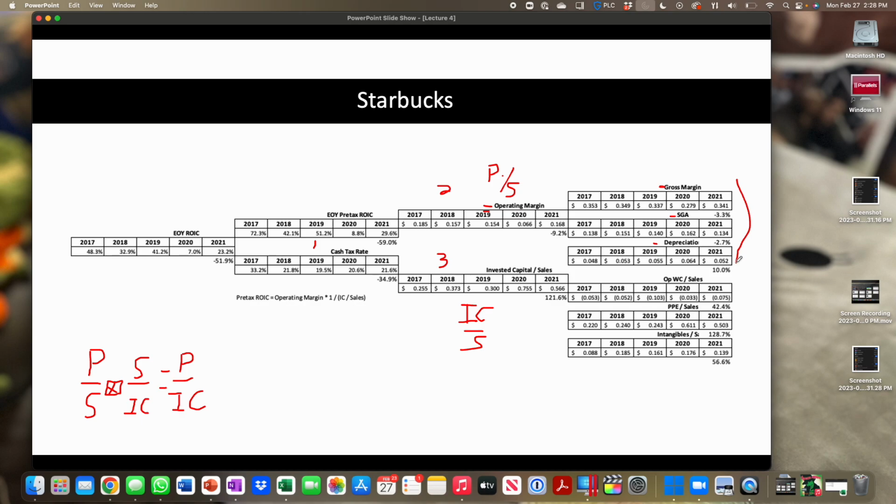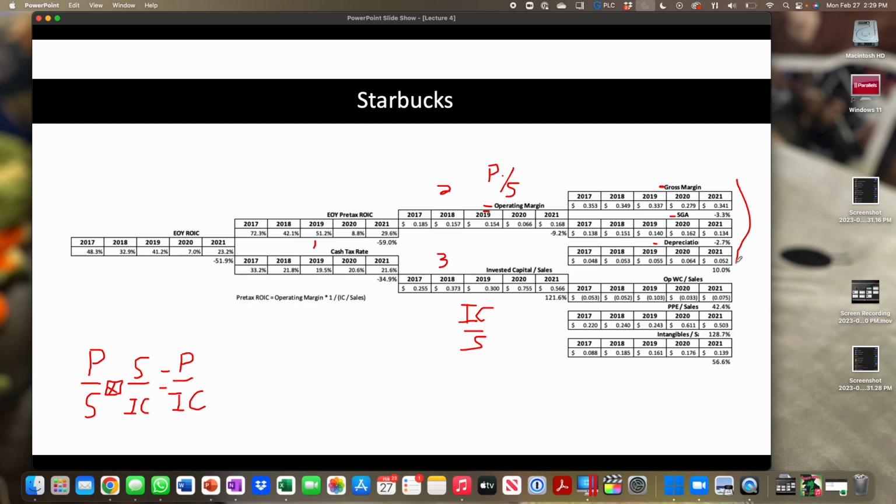So if I look at the income statement drivers, two of the drivers hurt the operating margin, one of the drivers helped it. Now let's talk magnitude. How much did each impact it? 2017 to 2021, gross margin went from 35.3 to 34.1. That dropped about 1.2 cents. Depreciation, 4.8 to 5.2. That worsened by about 0.4 cents.